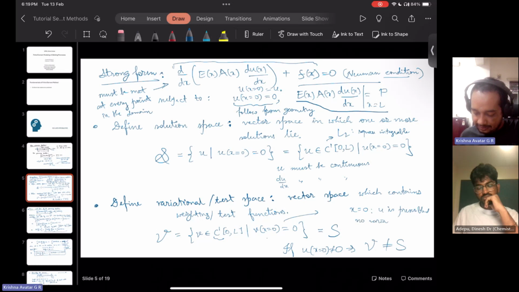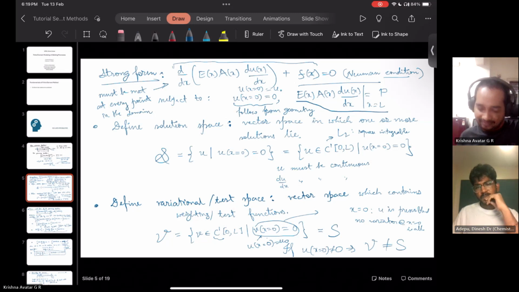No variation at x equal to 0 is allowed. So that's why v at x equal to 0 has always to be 0, because we have already prescribed some quantity. Even if u at x equal to 0 is u naught, this has still to be 0.